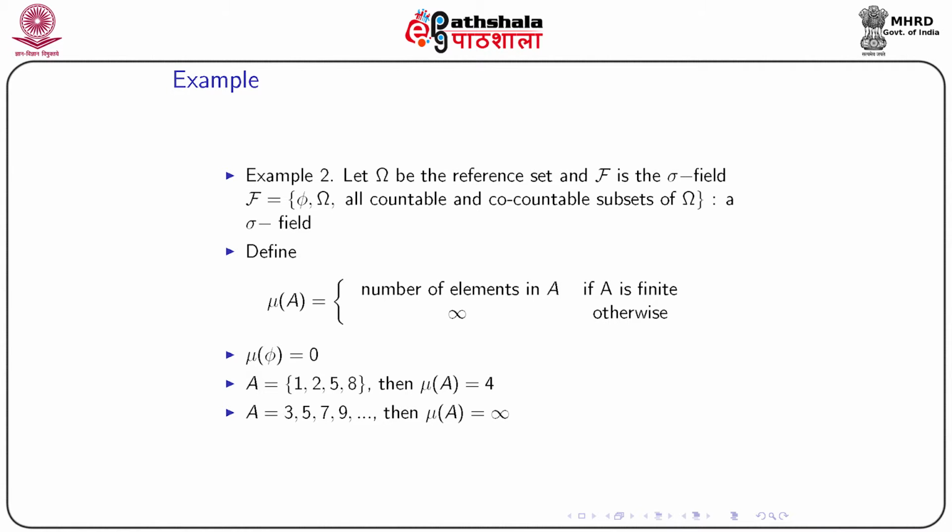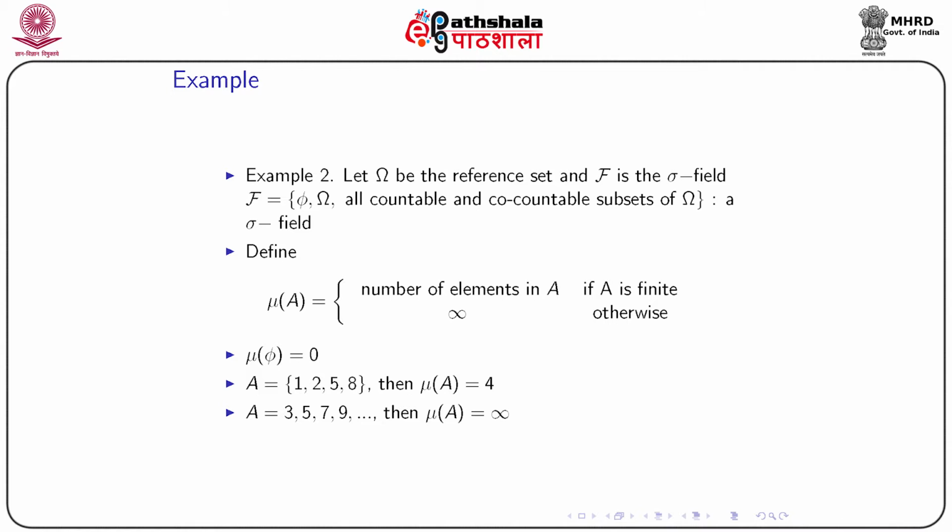For obvious reasons mu of phi will be 0, because we do not have any element in phi, and we define the measure so that for the null set the measure is 0. Now, we consider the set A, which consists of the elements 1, 2, 5 and 8. Then mu of A will be 4, because the measure says how many elements are there in a set.